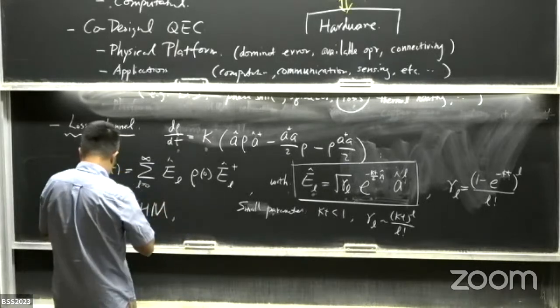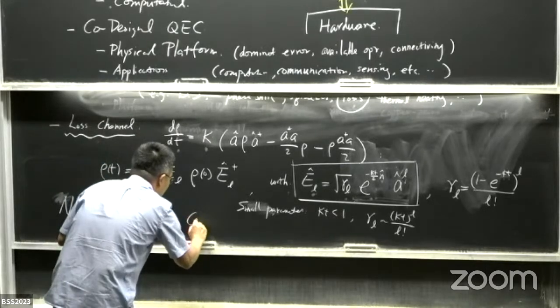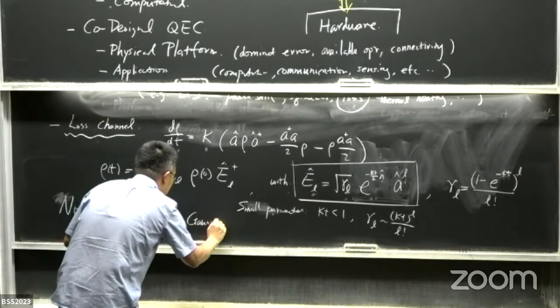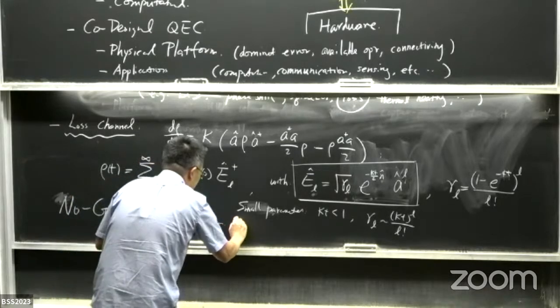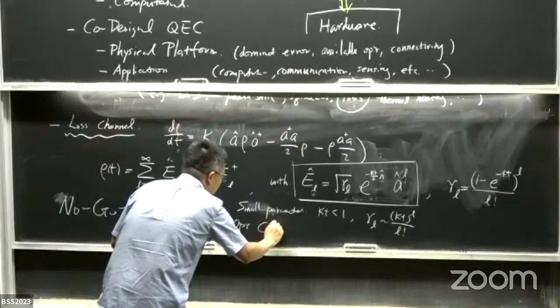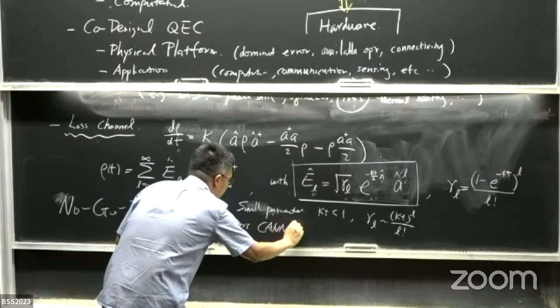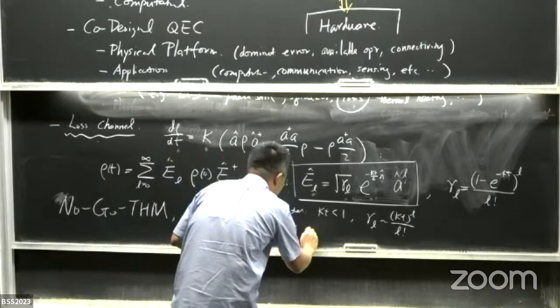It basically says that Gaussian operations cannot correct Gaussian errors.